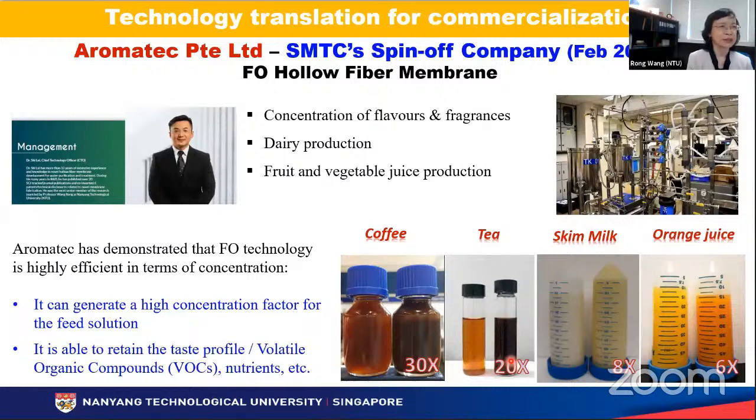This company can produce large-scale hollow fiber membrane modules for beverage and dairy applications, for example, to concentrate coffee, tea, milk, etc. Of course, these membranes can also be used to handle wastewater to reduce the disposal volume of the wastewater.